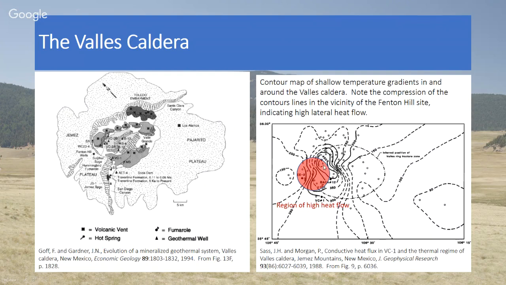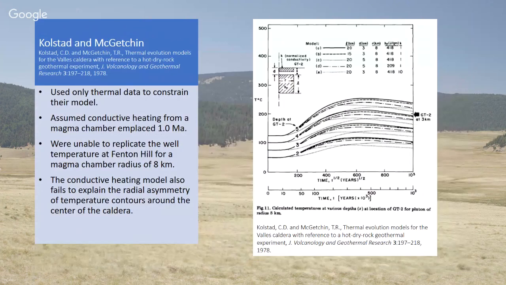And you notice that this is a very high thermal gradient here around Fenton Hill. So you can see there's a lot of heat just going in that direction. So in order to model the thermal history, we need some data on what the past history was.